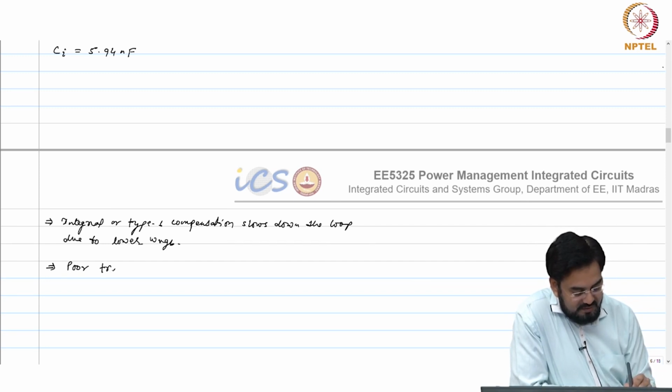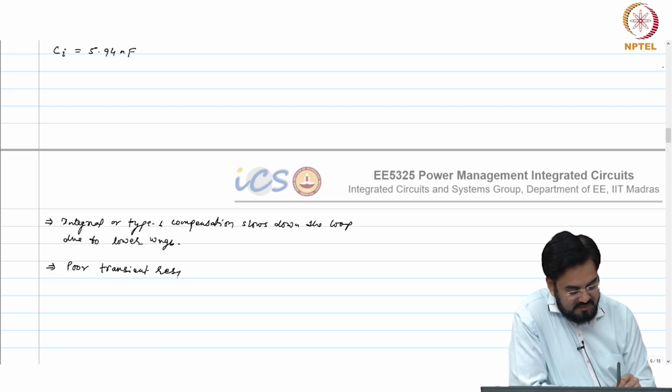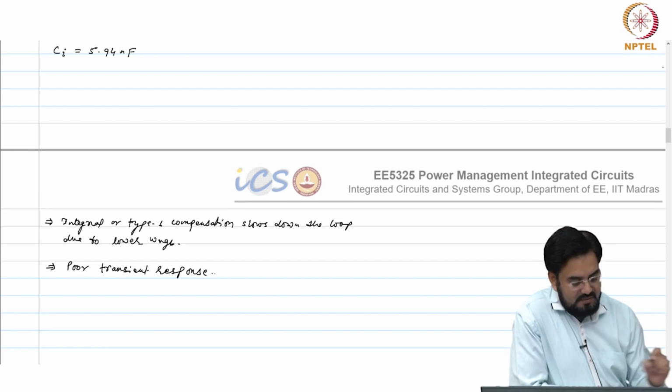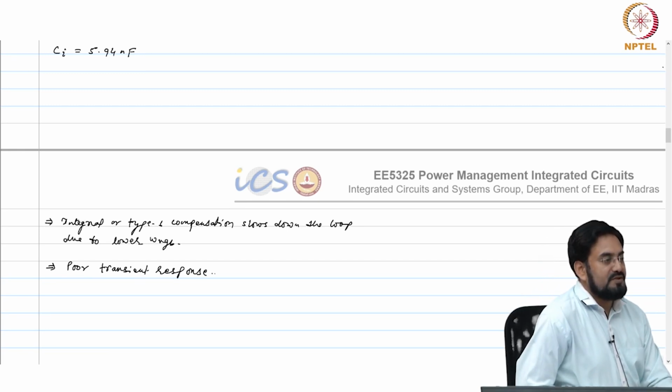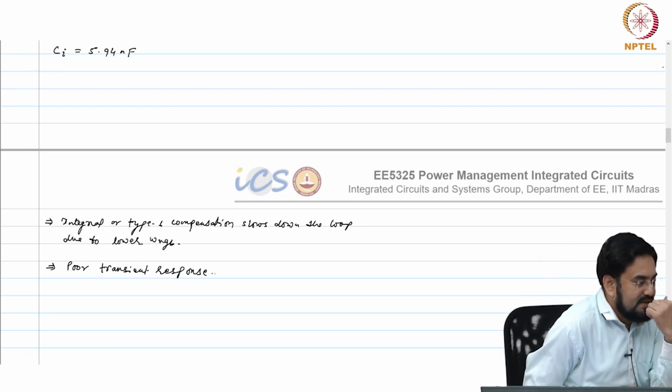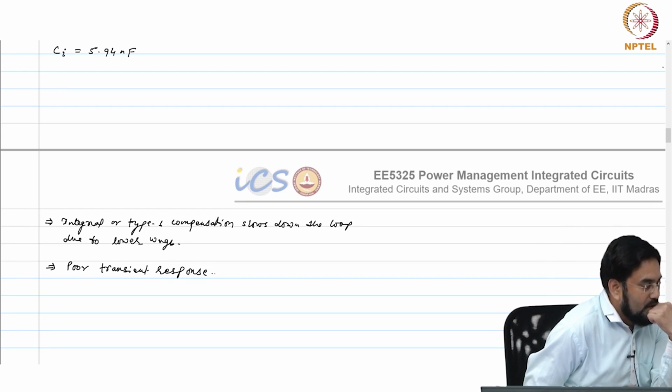Poor transient response. So if I give, let us say, a load or line transient, your loop will not respond very fast.